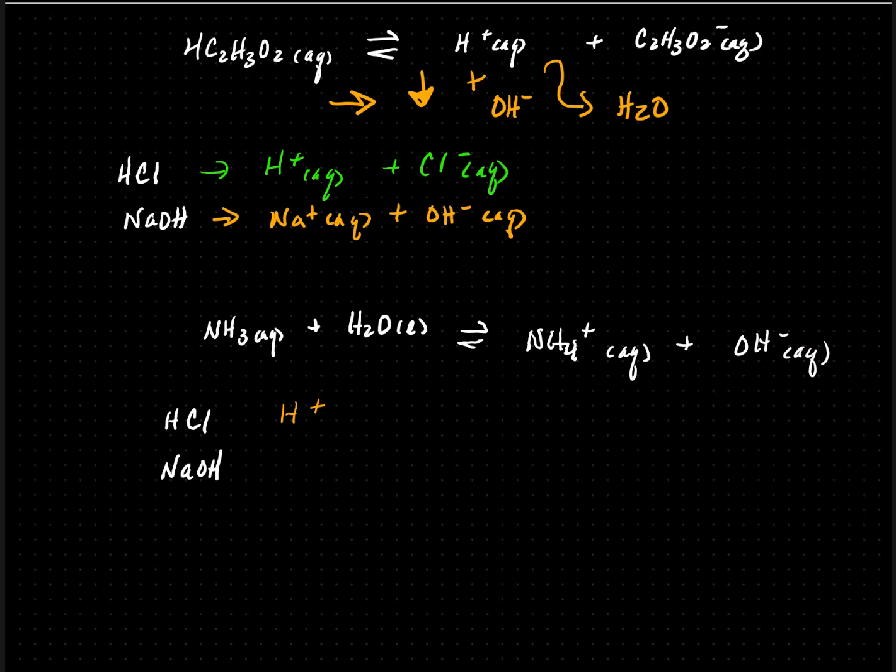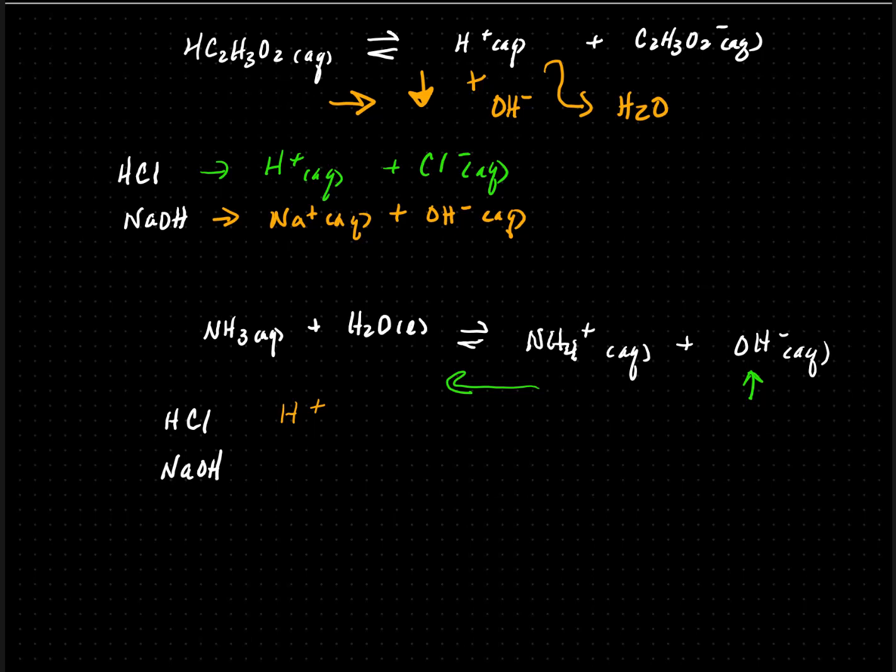If NaOH is added, it's going to dissociate into Na+ and OH- because the added OH- will increase the OH- concentration. And according to Le Chatelier's, if something is added, it's going to remove the stress by shifting to the opposite side. In terms of buffer solution, as more OH- is added, the pH increases.